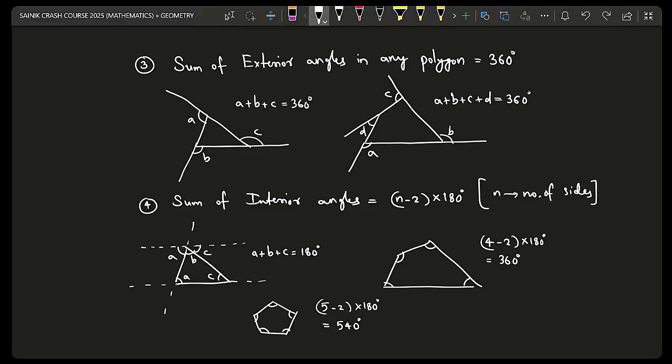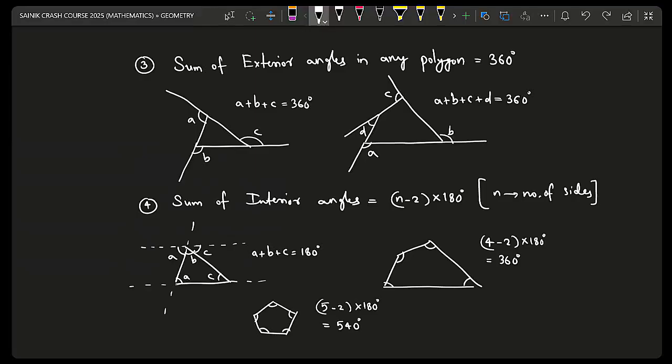Sanvi, what is your doubt? Sir, sum of exterior angles in quadrilaterals, not understood. See, you take any polygon, whether it is triangle, quadrilateral, pentagon, anything. As you're increasing the number of sides also, the sum of exterior angles won't change.